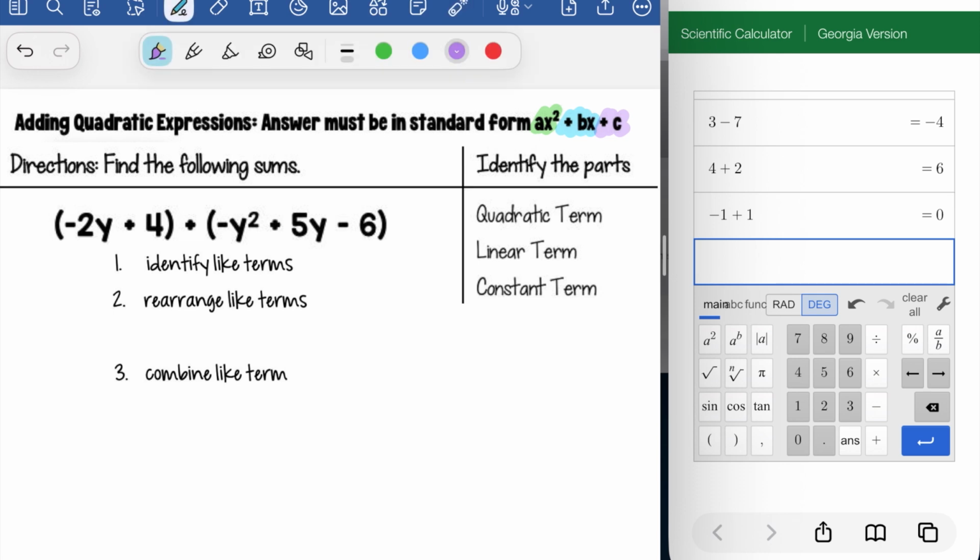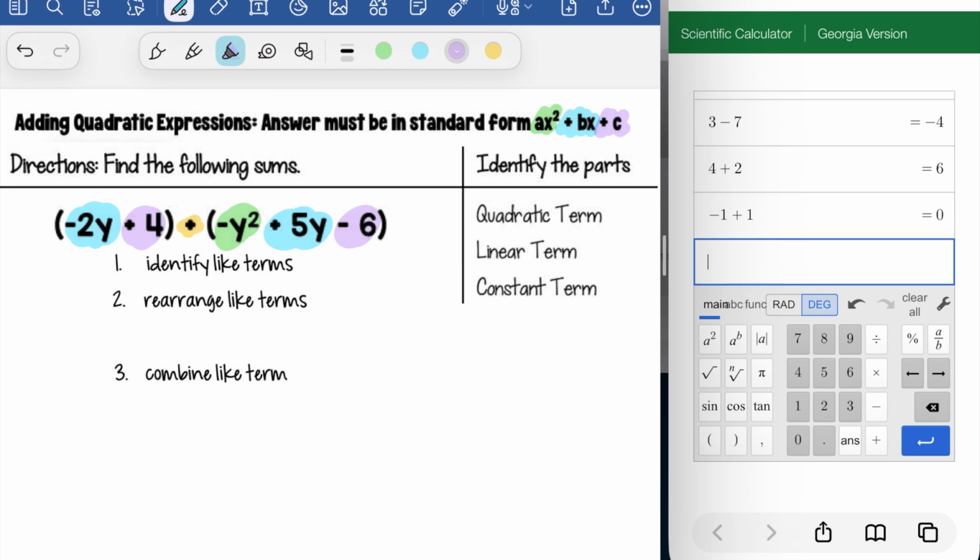So that bx term in this case is actually negative 2y, because it has an exponent of 1, plus my constant term of 4. And I want to add it to this quadratic term of negative y squared plus a linear term of 5y minus a constant term of 6.